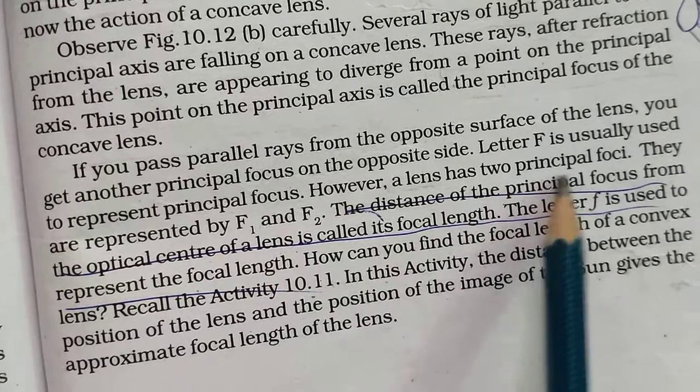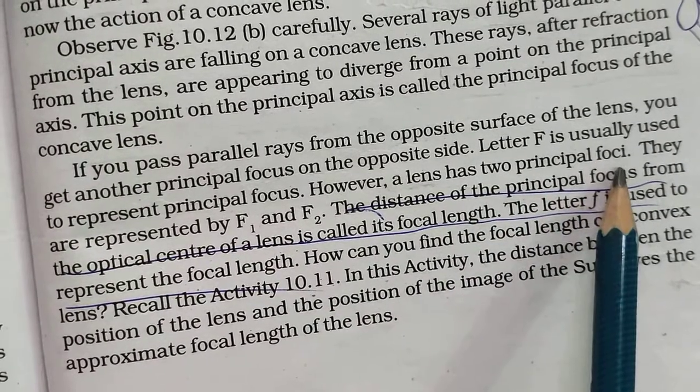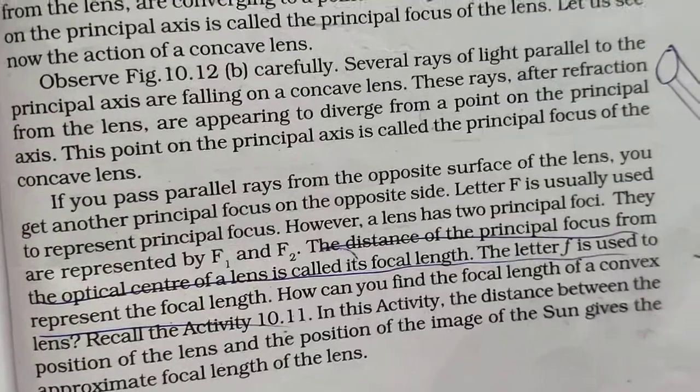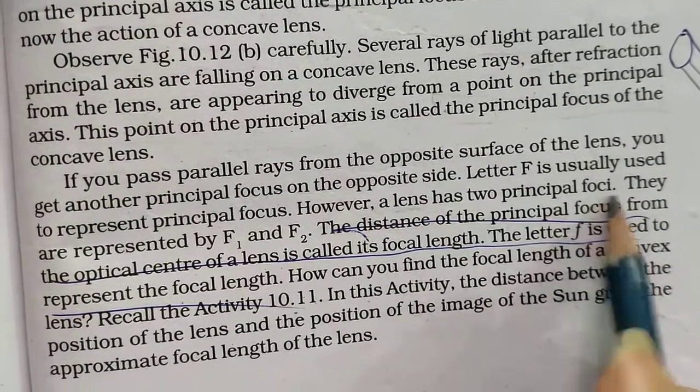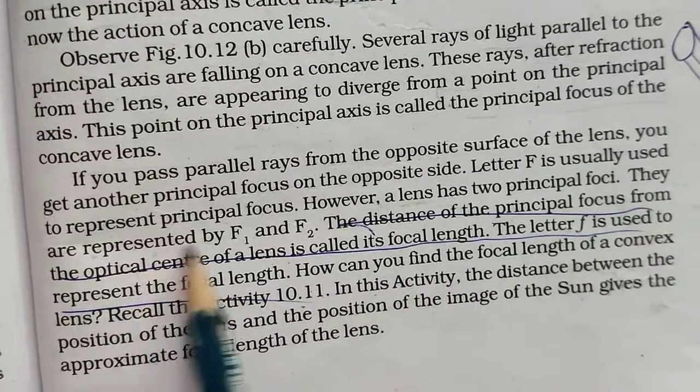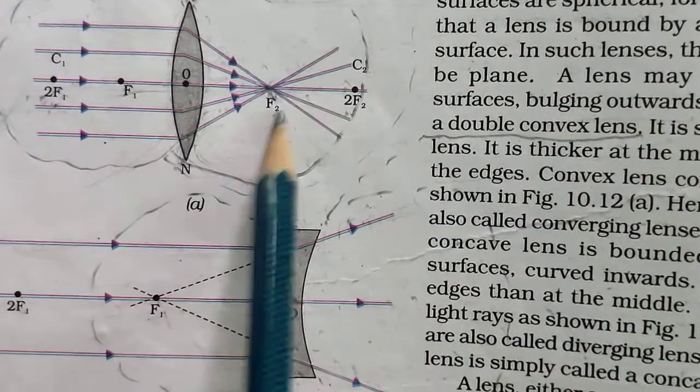However, a lens has two principal foci. I have already mentioned that there are two. The word is foci because the plural of focus is foci. So they are represented by F1 and F2. Here you see F1 and F2. This is F1, this is F2.